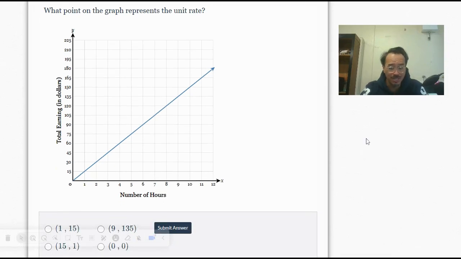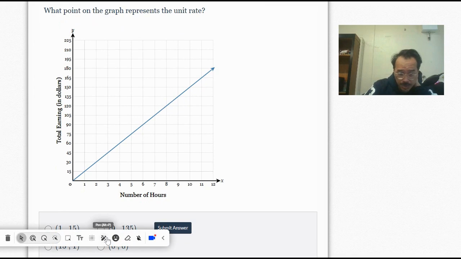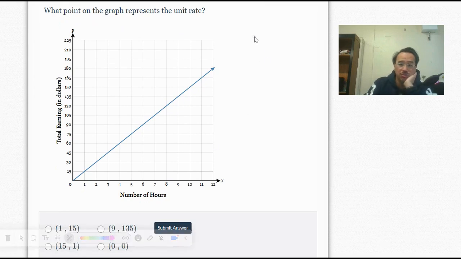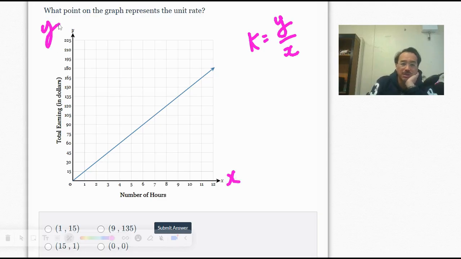Now remember, unit rate, in case we haven't talked about it, unit rate, K, concept of proportionality, is always the Y value divided by X. Meaning, since this is X and this is Y, we go to the right till we hit 1, and then we look up.